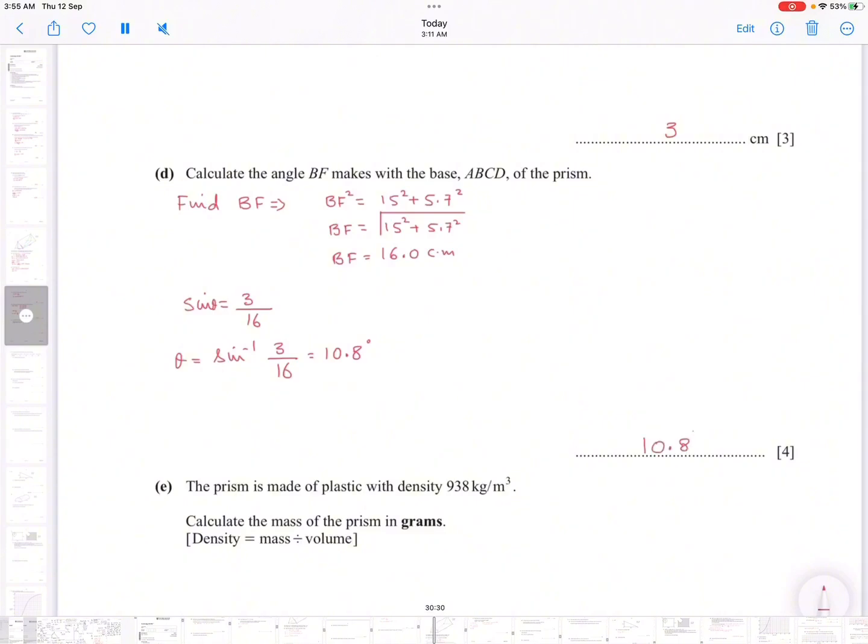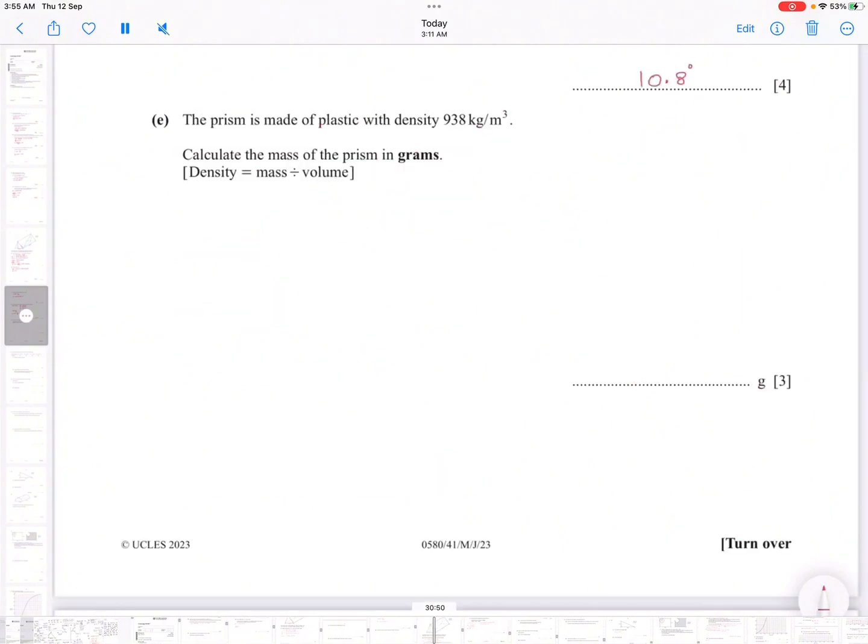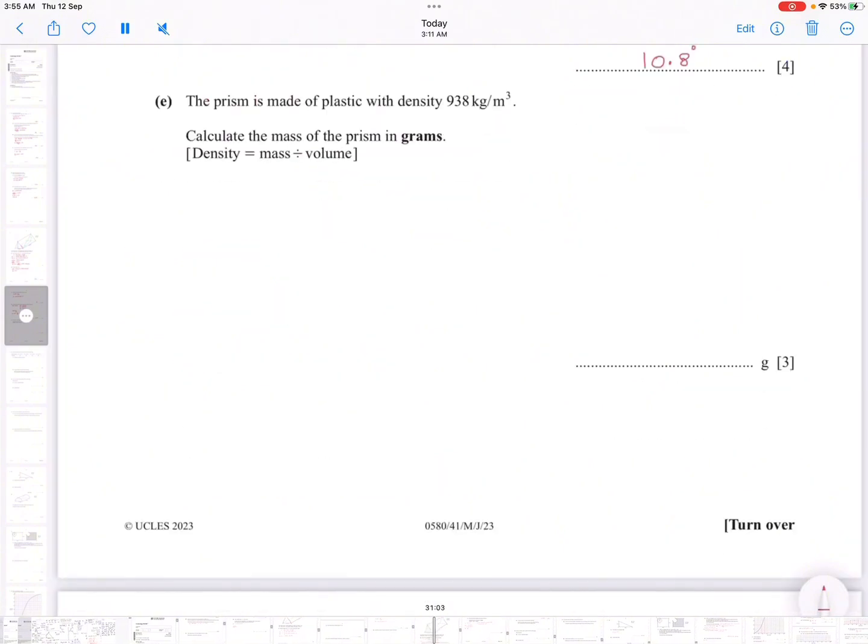Part E says the prism is made of plastic with density 938 kg per cubic meter. Calculate the mass of the prism in grams. Density equals mass divided by volume. First convert the volume, which is 145 cubic centimeters, into cubic meters.